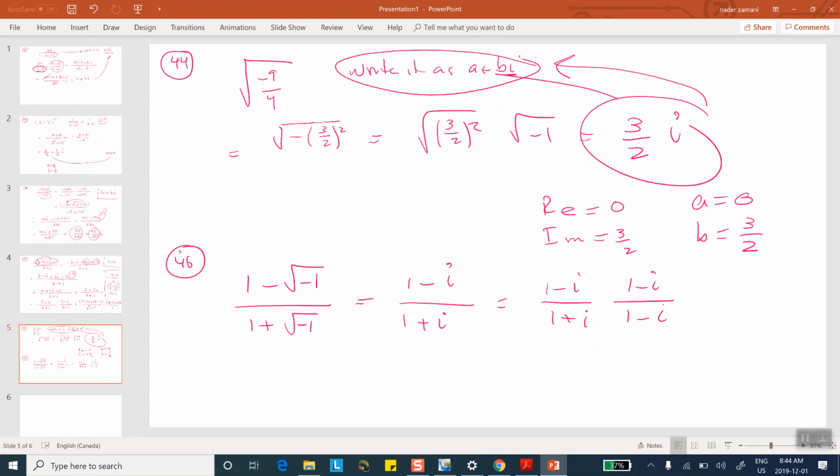Okay? So this is going to be 1 minus i times 1 minus i. Okay, that's good. But this denominator is 1 squared plus 1 squared. So let me write it like that, 1 minus i times 1 minus i. I can write it as power 2, but I'll write it like this. And now we have to do it right here. I'll put the 1/2 there, and I FOIL this.